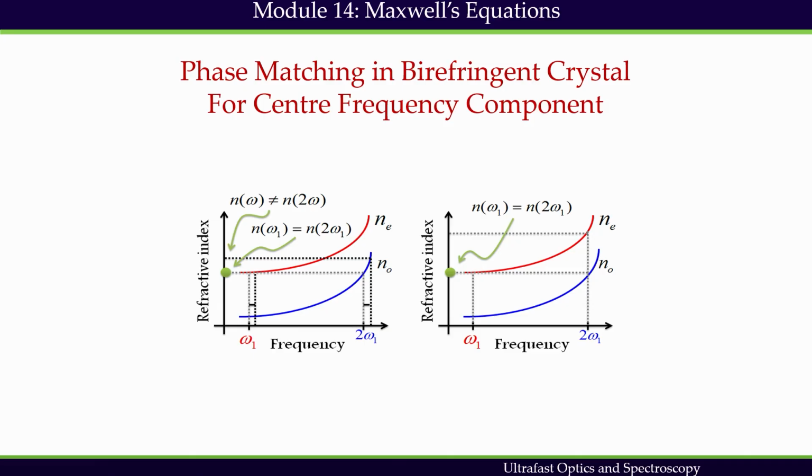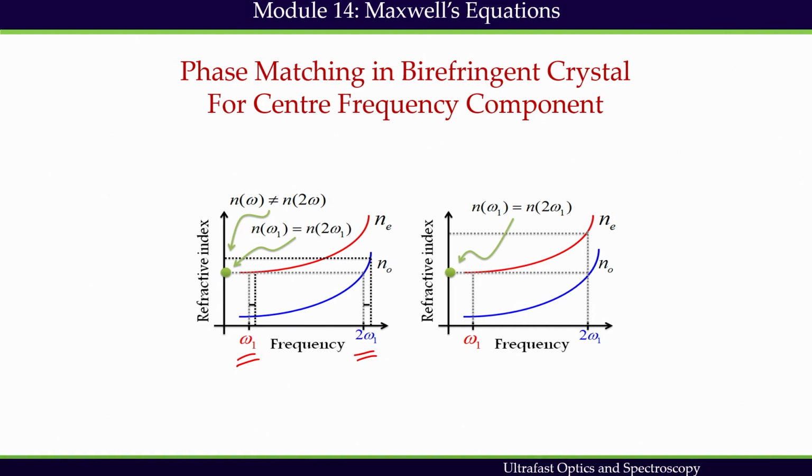These beams are called ordinary beam and extraordinary beam. Refractive indices are different for ordinary and extraordinary beams, and therefore, it is possible to achieve phase matching for center frequency component, that is shown here by omega 1 and 2 omega 1.